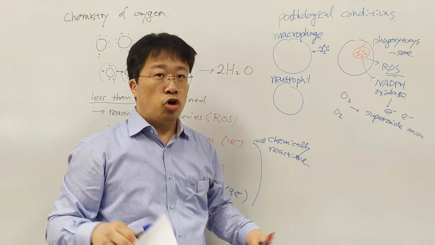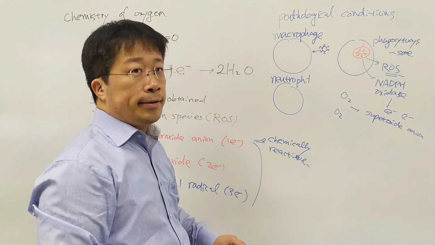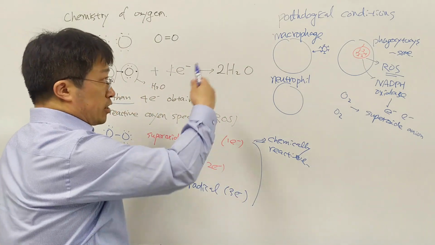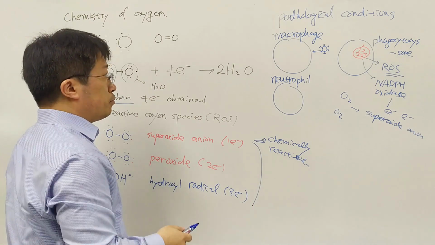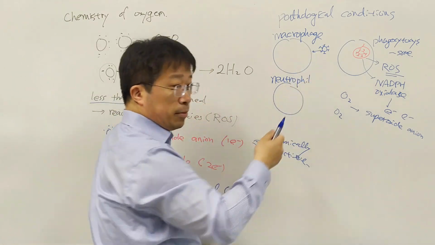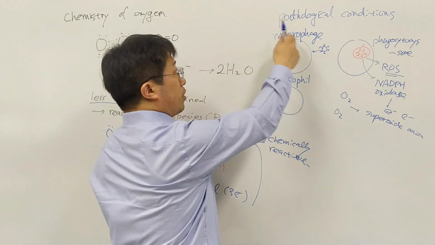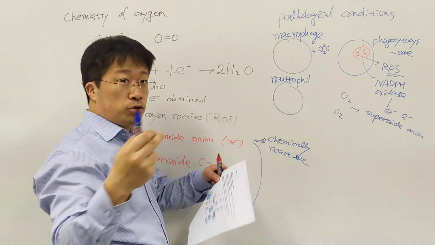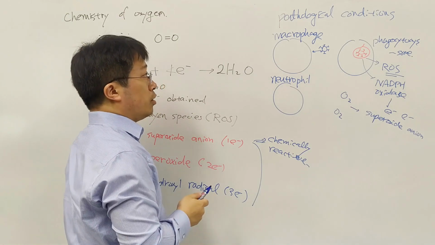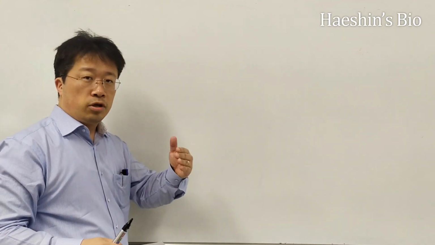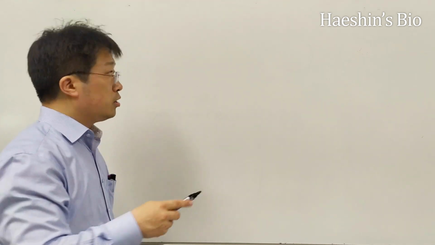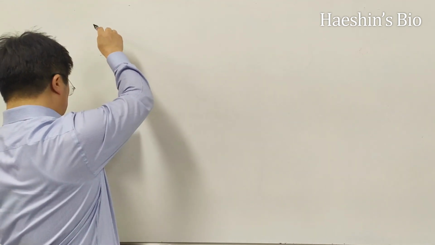That alerts the neighborhood to accelerate this process, because it's not a single particle that has come. Actually, numerous particles have come. Then they have to activate other cells to recruit and attack together. Okay, so we talked about the chemistry of oxygen. The second terminology will be translations.